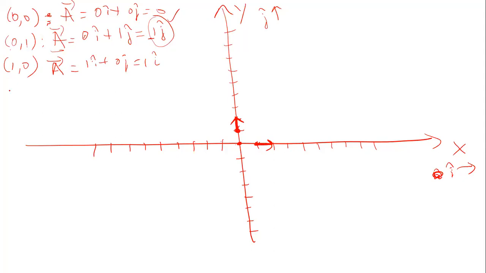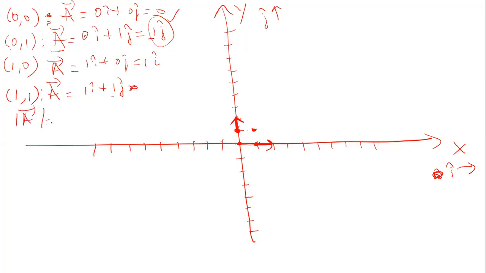Now, if you consider the point 1, 1, the x value is 1 and the y value is 1. So your A vector will be 1i plus 1j. What is the magnitude of this?